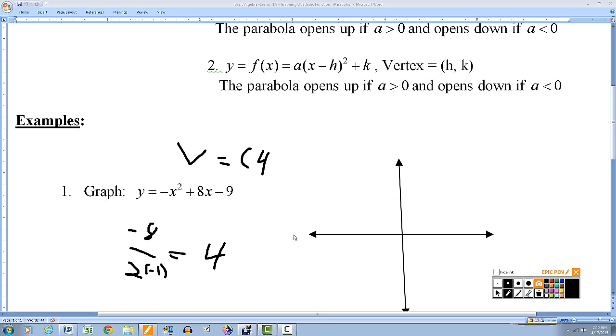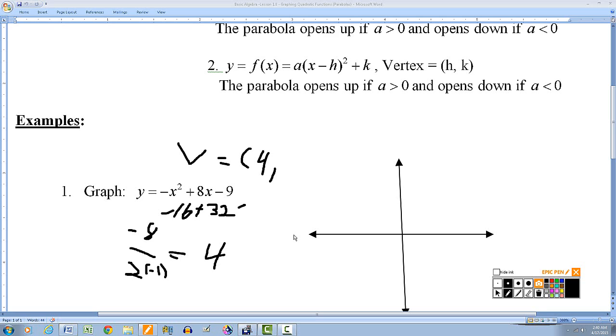Okay, and then the second component is found by replacing the x by 4. So put a 4 where the x is. That would be 4 squared is 16, and the minus makes it minus 16. Plus 4 times 8, that's 32. Minus 9.